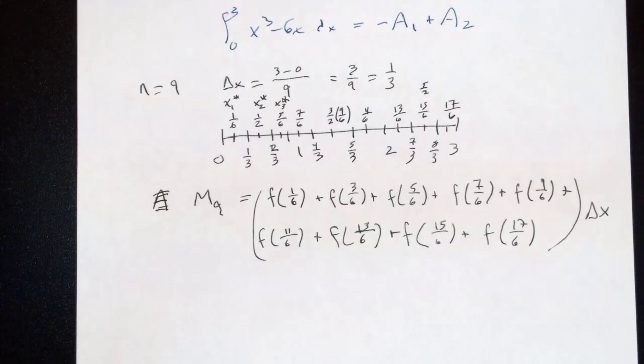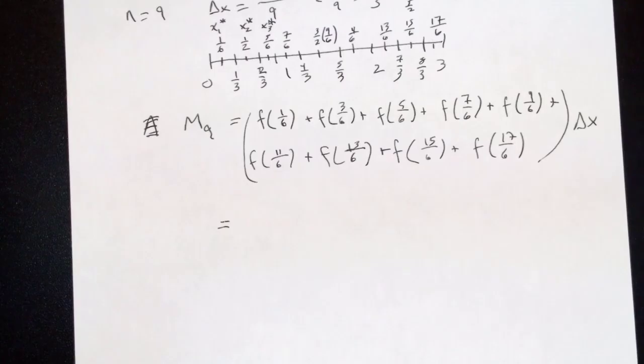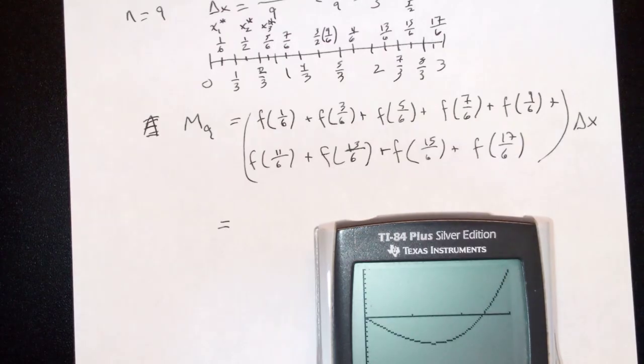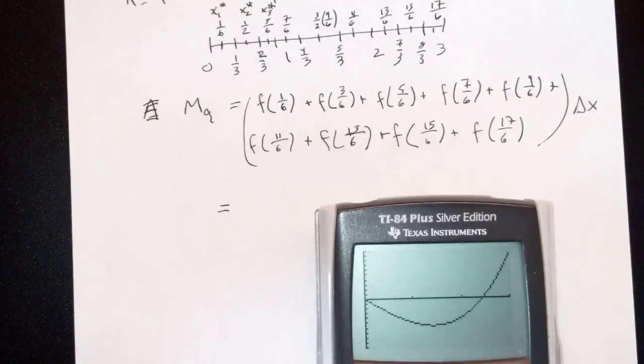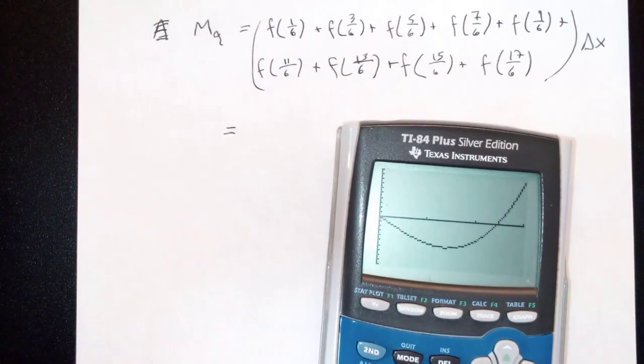I factored out the width, so I'm just adding up all the heights first. So I need a bunch of numbers. Here's my graph. I can put in all these numbers right here. But now, this becomes a giant arithmetic problem.